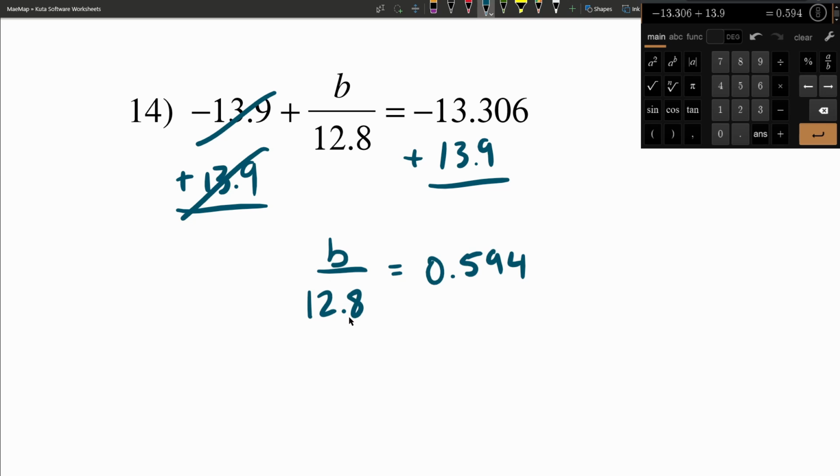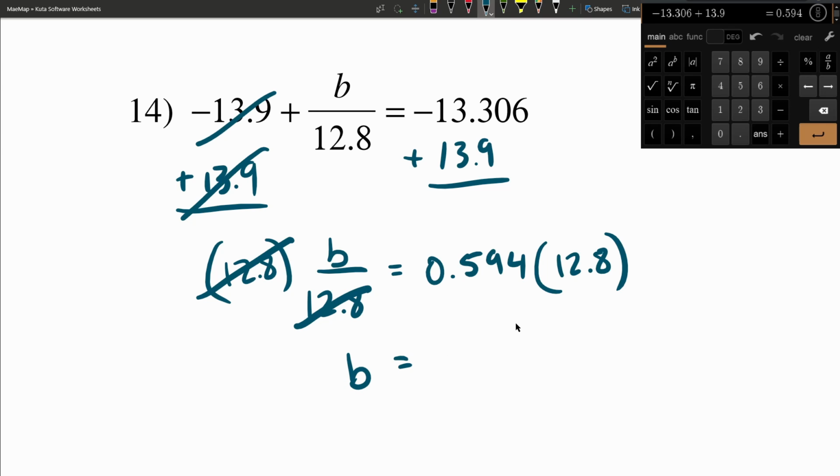Now our last step on this one is isolating that b. We got to multiply by what it's divided by. So multiplying by a 12.8. When we multiply by that, you'll see this 12.8 divided by 12.8 equals 1, and 1 times b is b. So b is going to equal our 0.594 multiplied by 12.8, which gives us 7.6032.